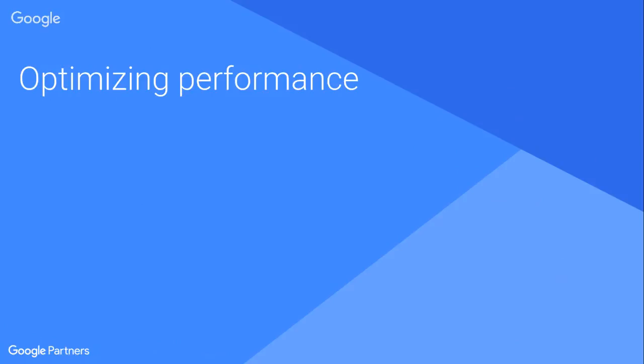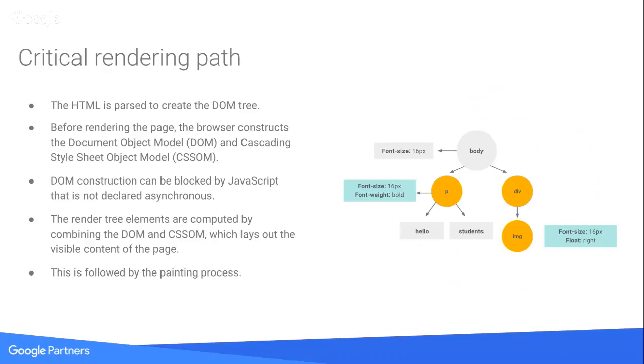Optimizing performance is an extremely important part as well. Let's cover the critical rendering path. The HTML is parsed to create the DOM tree. Before rendering the page, the browser constructs the document object model, also known as DOM, and the cascading style sheet object model, CSSOM.